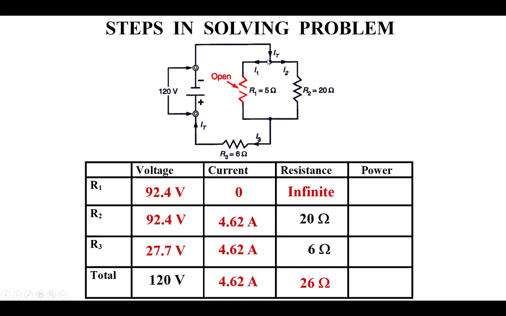But it's not the max of the circuit, because the max of the circuit is 120. So you can't assume that 120 volts is across here, because 120 volts wasn't available here. But what is available is 92.4 volts, and that's what you'll see across these 2 points, because this point is the same as the points on this resistor.